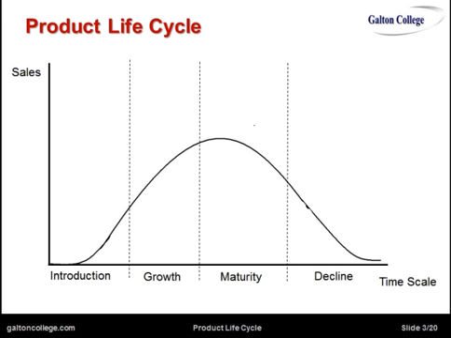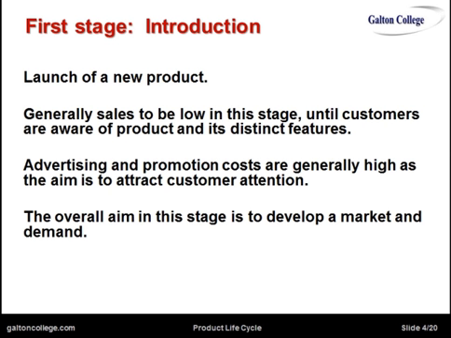So we're going to talk about these stages in a little more detail, and this will constitute the rest of this video. So we'll start with the first stage, which is the introduction. This is the launch of the product. Generally, sales will be low in this stage until the customers are aware of the product and its features.